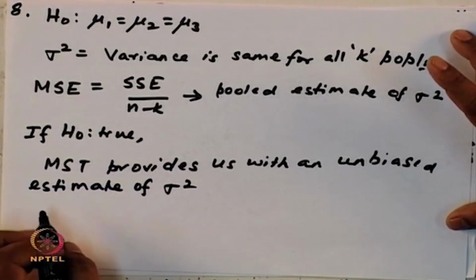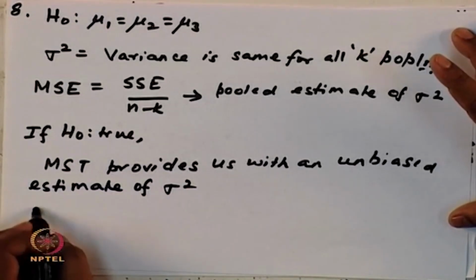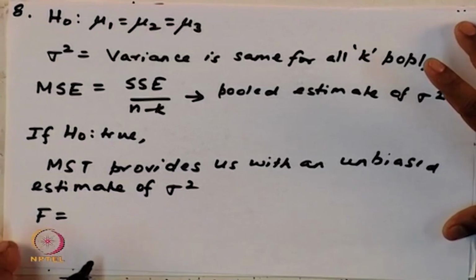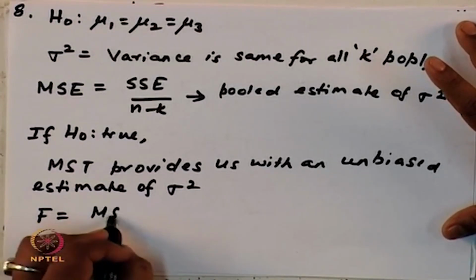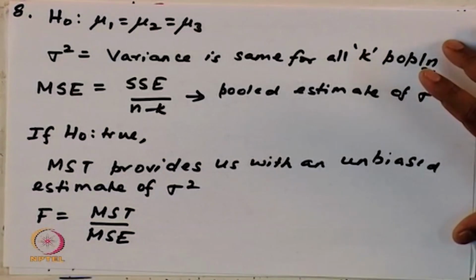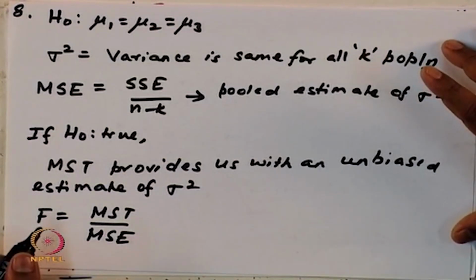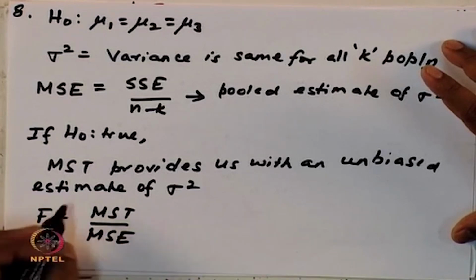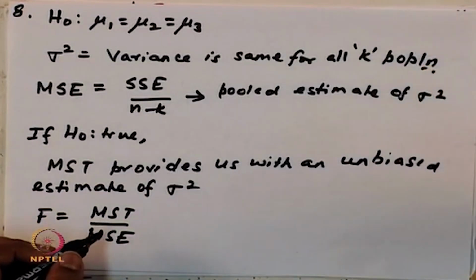So, you can calculate the test statistic as F. You can use the F test, where you define F by MST by MSE. Okay. So, depending on your significance level, if this value is very large, then you can rule out H naught.